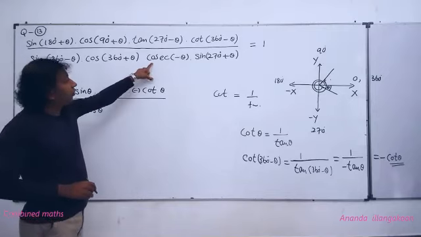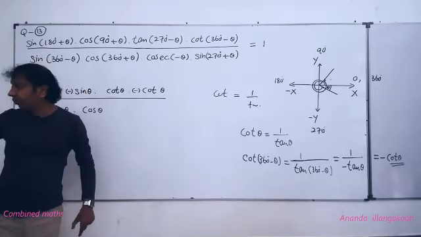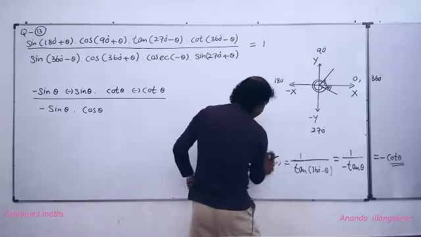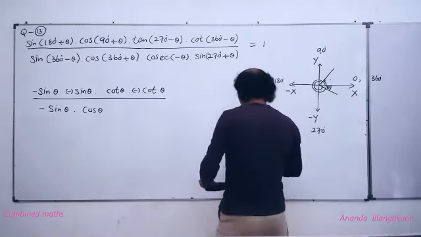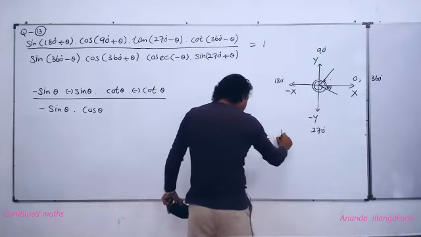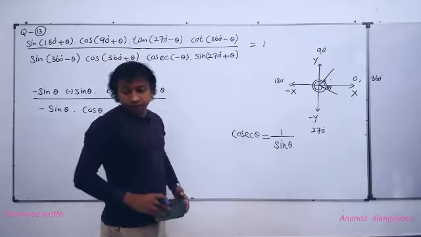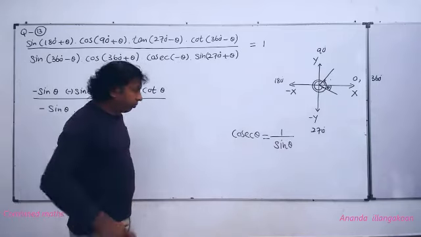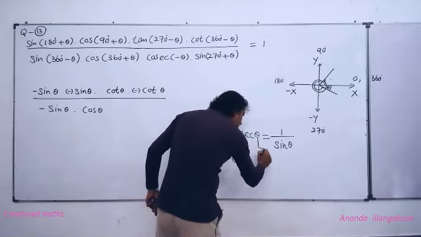Now people, this cosec minus theta. Very easy. How to think about cosec minus theta? People, you know how to write cosec theta? Cosec theta we write as 1 upon sine theta. You agree with me? Then if I need to write cosec minus theta, the same angle comes in here, no?